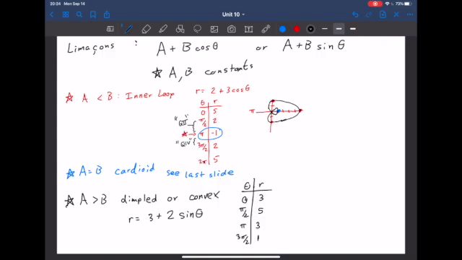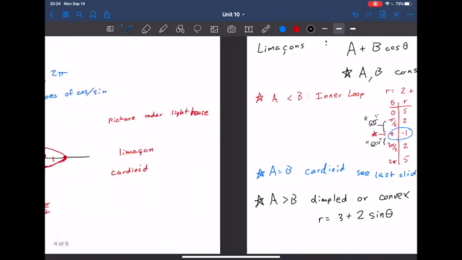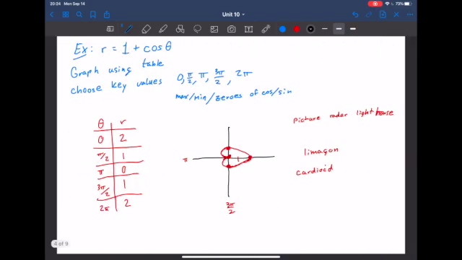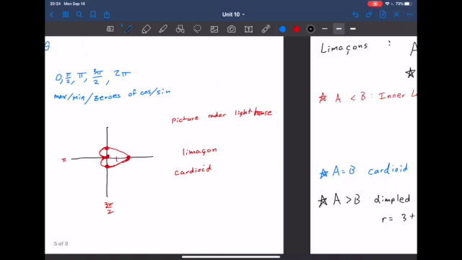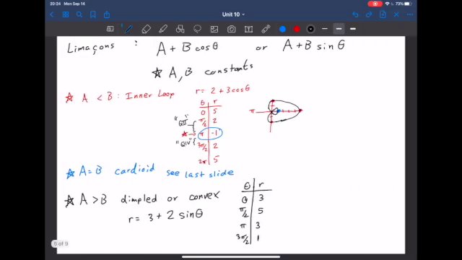Not at the pole. So for our cardioid, the key angle ended up at the pole. That's what makes this cusp happen. For this one, the max value went in. That's what made the inner loop happen. Here, again we're dealing with sine.